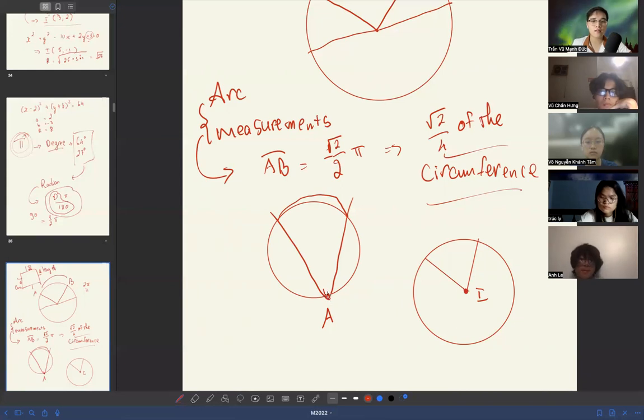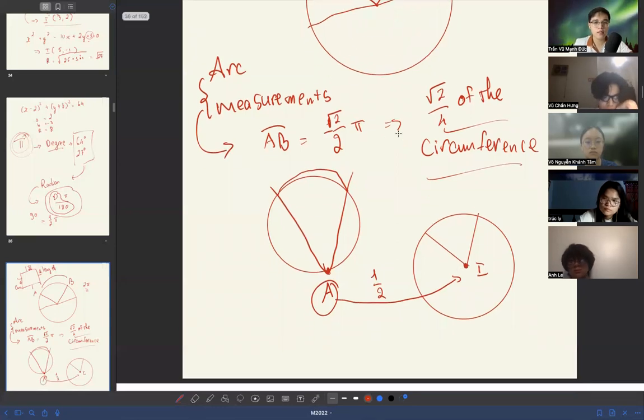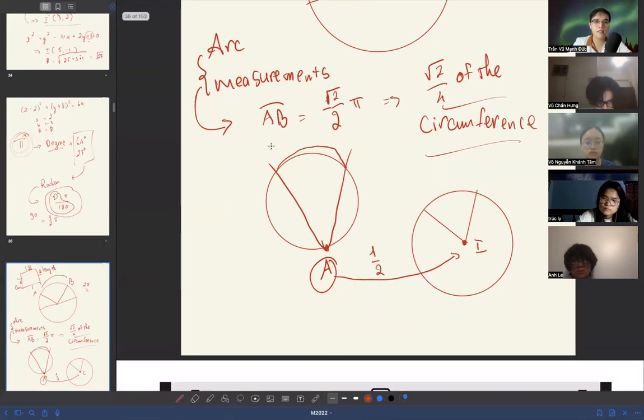When the arc has the origin at a point on the circumference, for example, A, it will have half the measurement of the arc originating from I, which is the center point. So when I say CD, this is CD and this is EF. This is the notation, the symbol for the arc measurement. CD is 1/2 of EF.